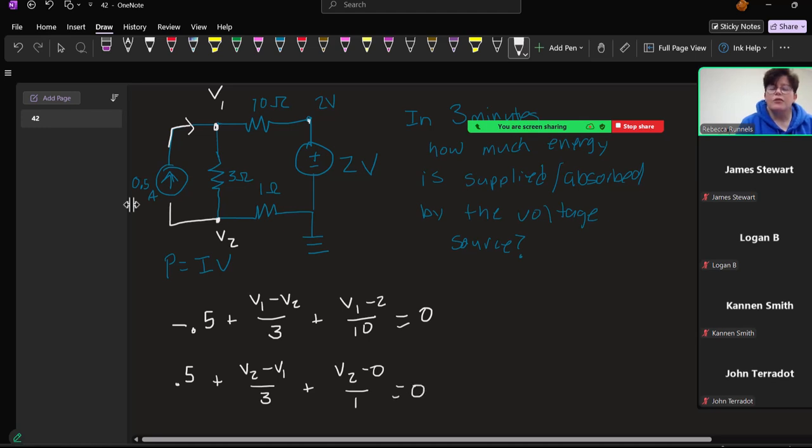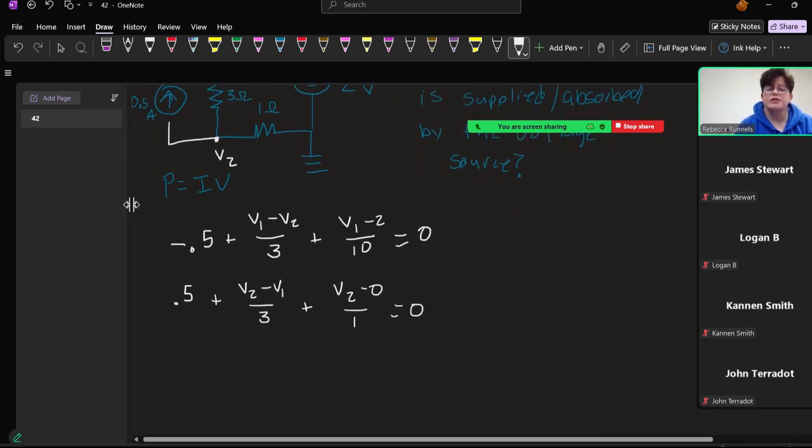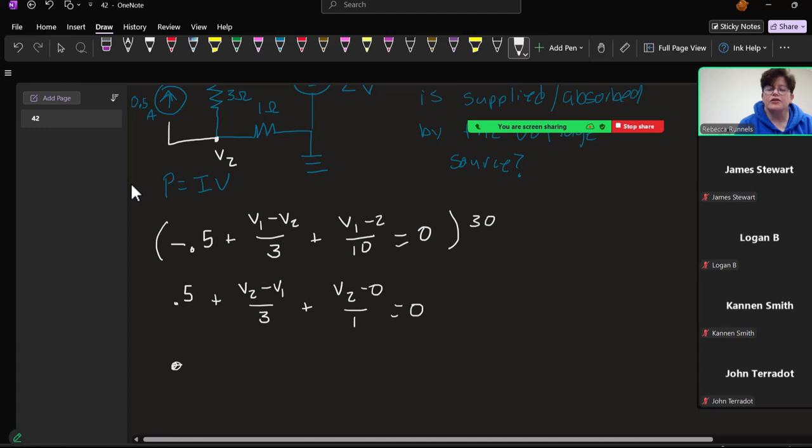So I now have, for this top equation, let's see, I'm going to rearrange this, and I'll multiply the top equation through by 30. So I'll take 30 times negative 0.5, which is 15.